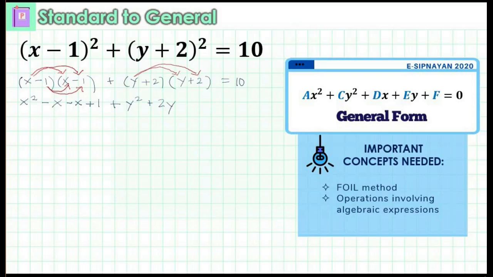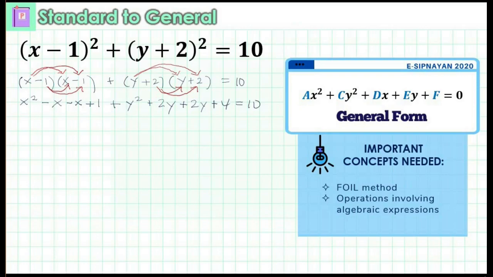Next, we multiply 2 times y, and the product is the same, positive 2y. And lastly, multiply 2 by 2. So 2 times 2 is simply equal to positive 4. And again, let me write it on the equation. So plus 4 equals, copy the right hand side of the equation, 10.